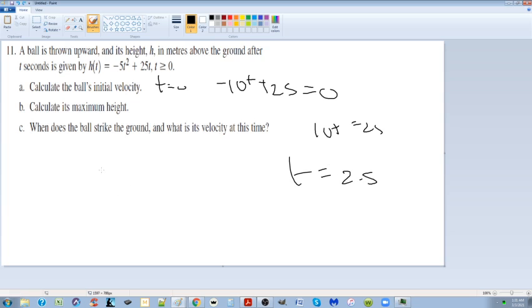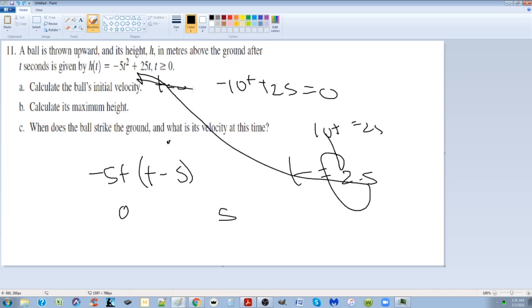By the way, I could have found that by just factoring out minus 5t, and then there would be a t minus 5 in here, which would tell me between 5 and 0 is when it hits the ground. 2.5 is its height. And then when I do 2.5 here, I get 5. This is where I would just plug in decimals. Anyway, you take the 2.5, plug it in, it'll give you your height.